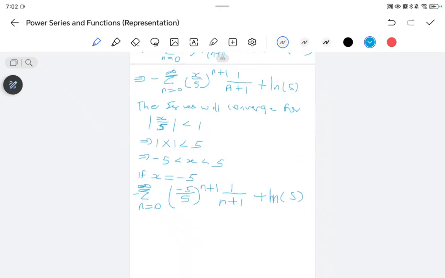Then this would be minus the summation from n equals 0 to infinity of (-1) to the n plus 1 over n plus 1, plus ln 5.